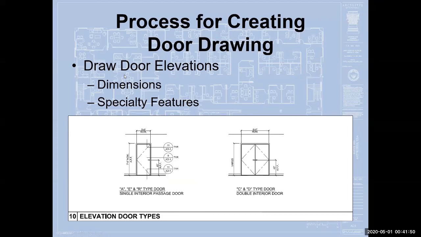Then from that elevation aspect, we're going to draw the door type. And oftentimes, we'll list the type of door that's provided. We will provide a detail reference that is important for the threshold, the jamb, and the head condition. And that means every time these reference numbers are listed, these are applicable.